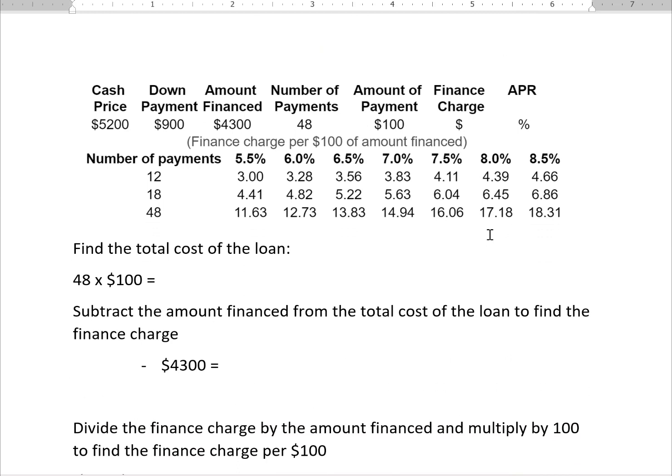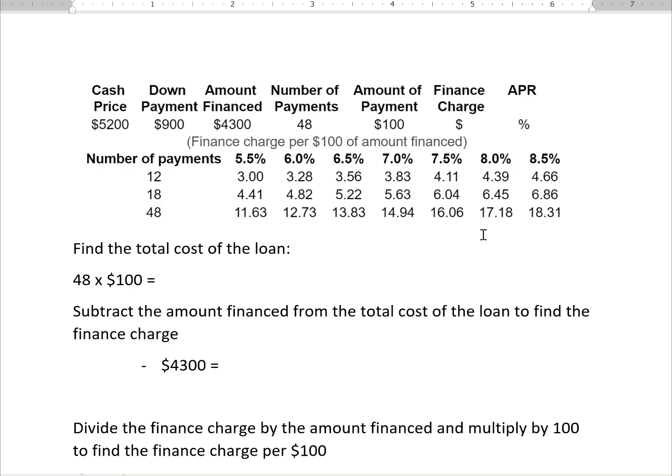In this problem, we want to find out what the finance charge is and also what the APR is on the loan. And the first thing we want to figure out is there was a cash payment of $5,200, down payment of $900, so the amount financed was $4,300, 48 payments of $100 each. So the first thing we want to talk about is what's the total cost of the loan.